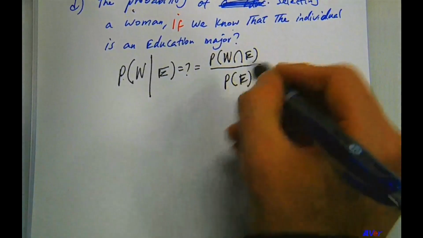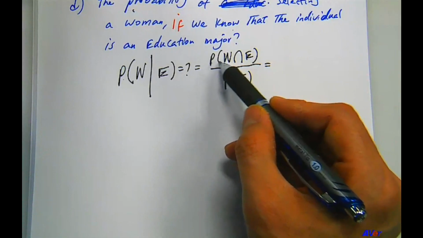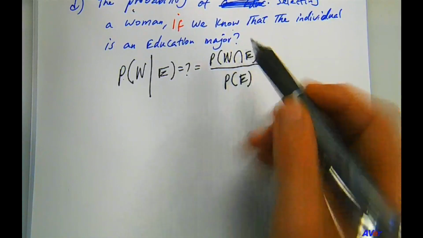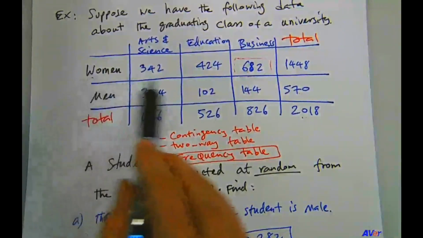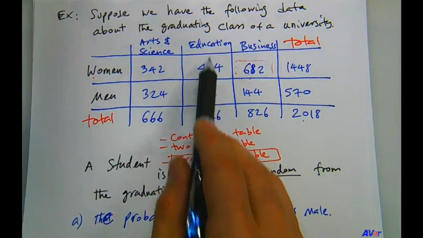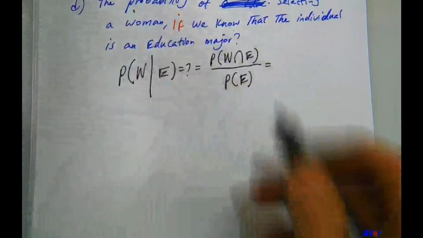So now, the probability of selecting a woman who is also an education major. We look at our data. Women who are education majors, there are 424 of those.